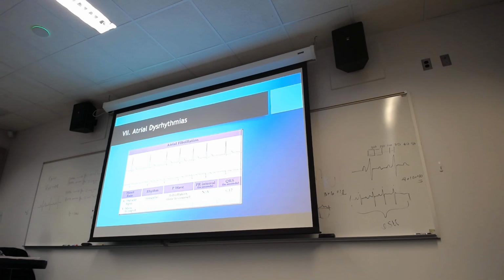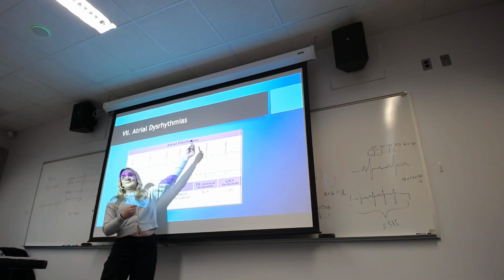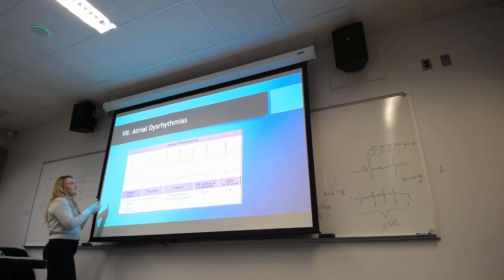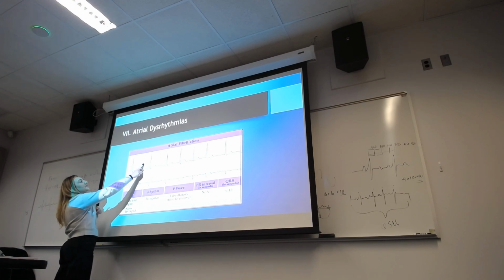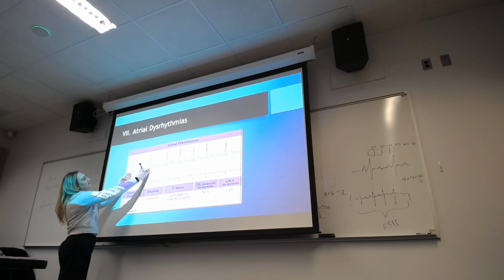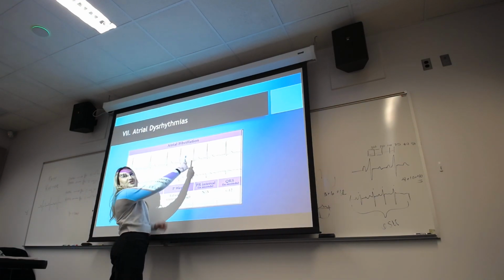It's irregular because as these atrial pacemaker cells are fibrillating or randomly sending out impulses, they're doing it at different rates, which is why you have a random one, a random one, random one, and then it changes your rate. So if you're using your 300, 150, 100, 75, 60, this rate is 60, but then this rate is 300, 150, 100.